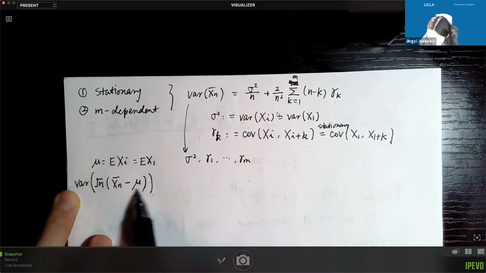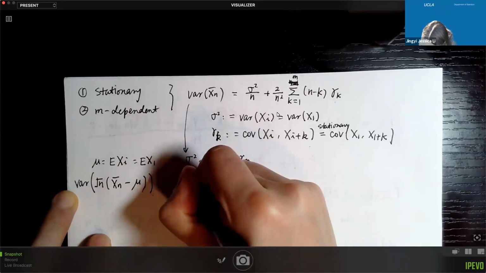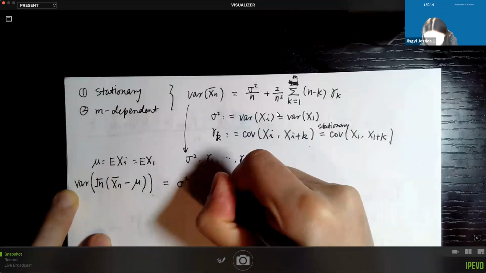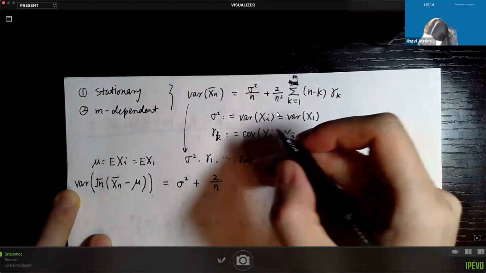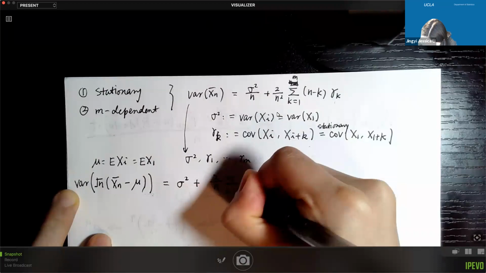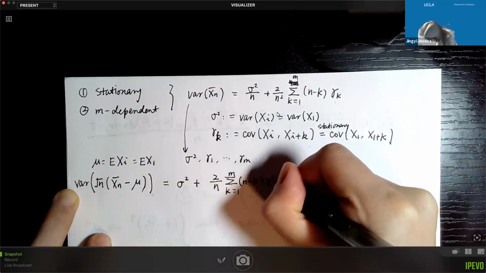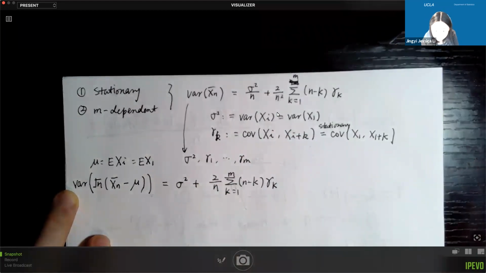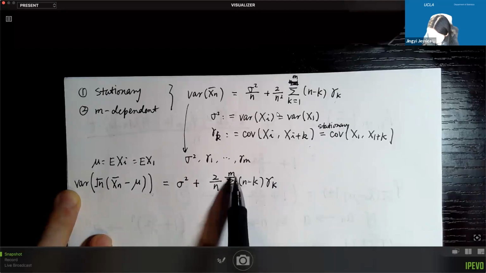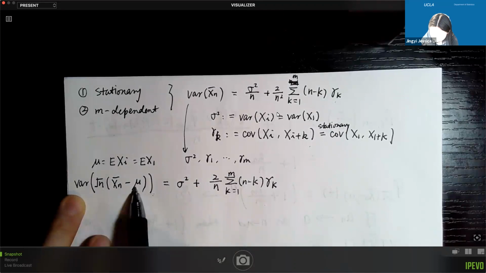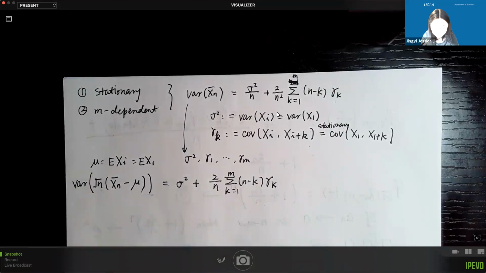So the variance becomes sigma squared plus 2 over n times the summation over k from 1 to n of n minus k times gamma k. As long as we can show that this term converges to a constant, then the variance converges to a constant. That's what we need.